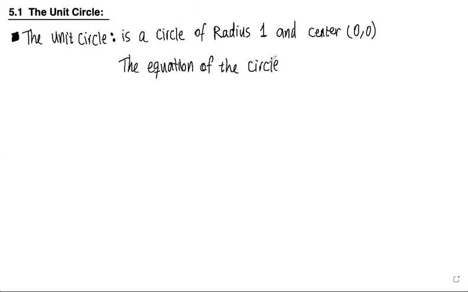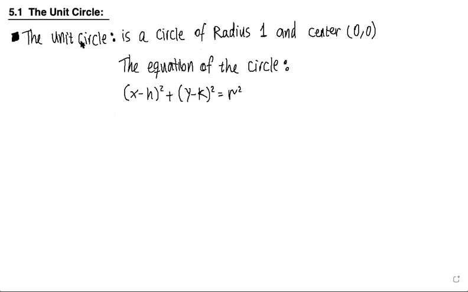It's (x minus h) squared plus (y minus k) squared equals radius squared. Perfect. What are h and k? This is the center, right?